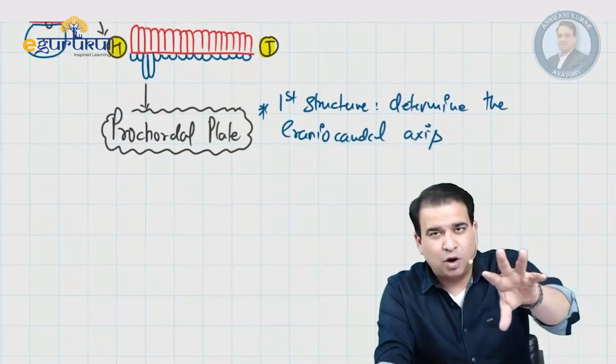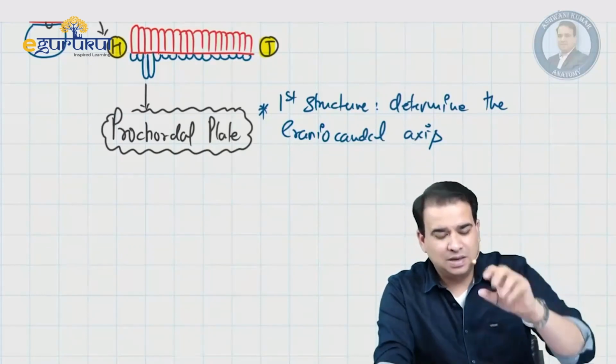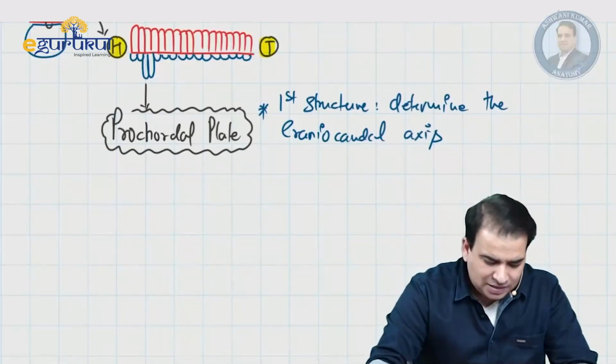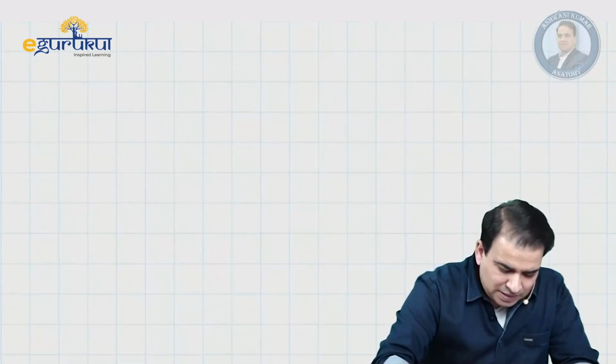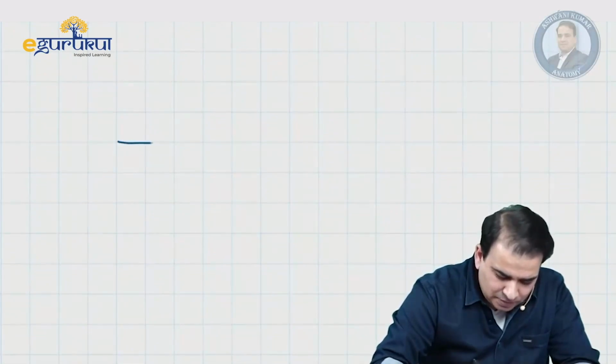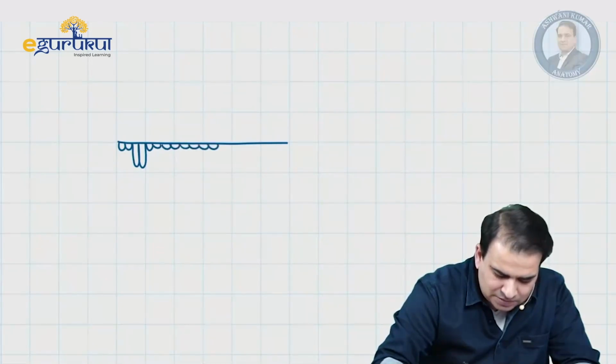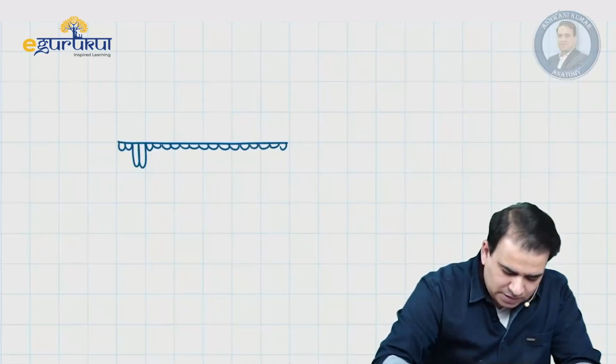That line which is formed in the midline is called the primitive streak. I'll show you that in the pictures also, but look at this as of now. We have the hypoblast here, the cuboidal cells, with some elongating cells forming the procaudal plate, right? That is the hypoblast. This here is the epiblast.